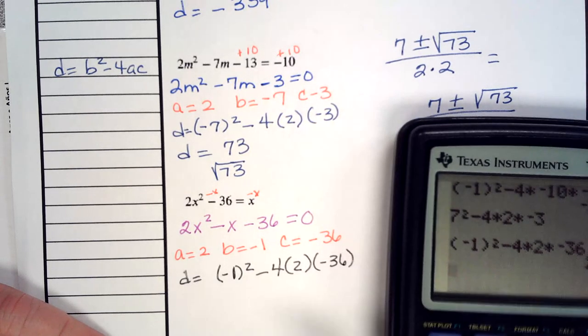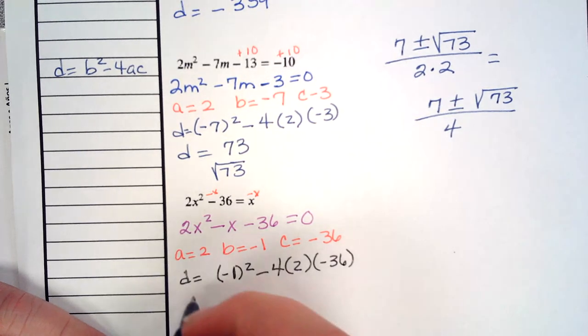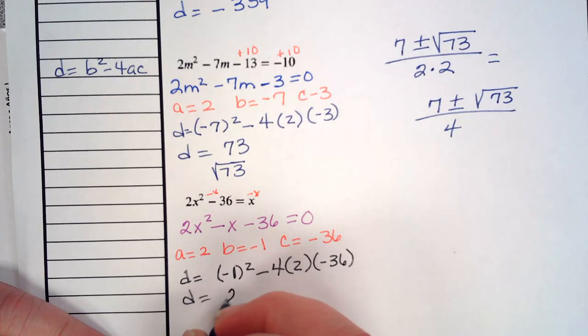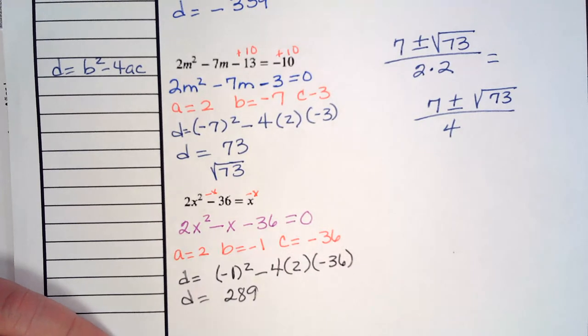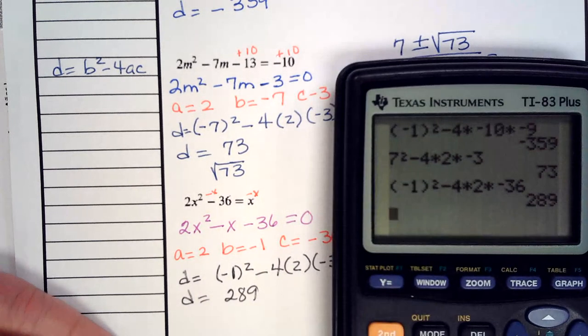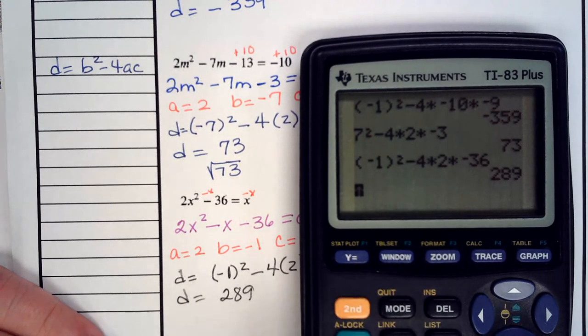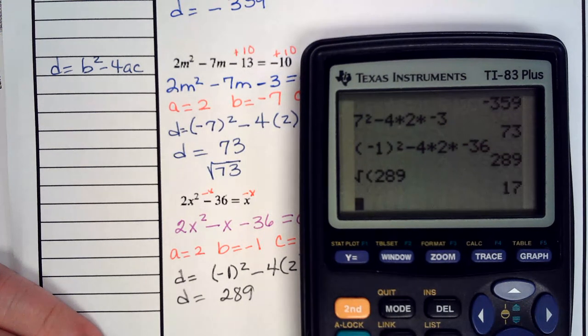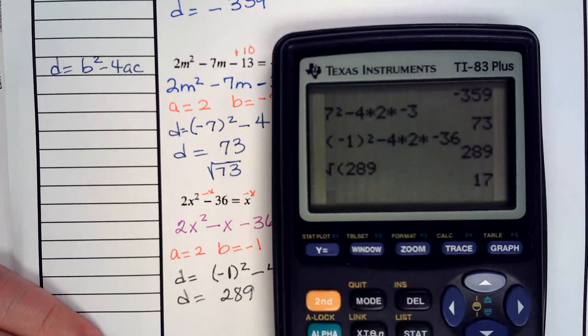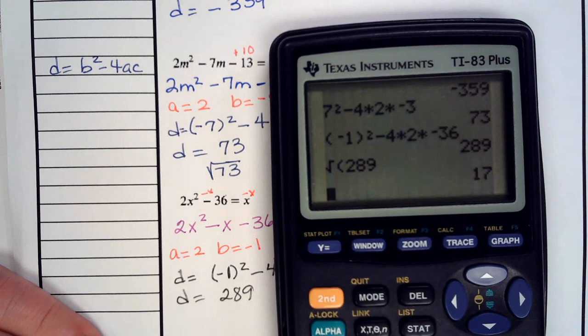And I get 298. 289 actually. Okay, is 289 a perfect square? Well, we'll see. It is. The square root of 289 is 17.